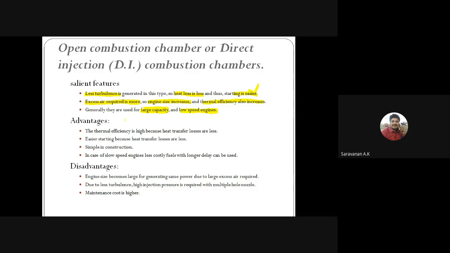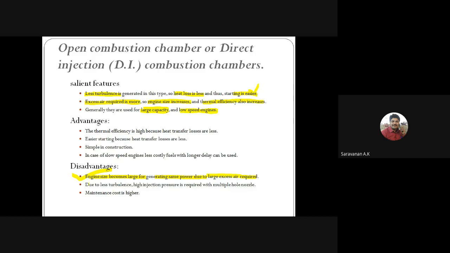And for the disadvantages, whatever the efficiency may be, it will get very high, but at the same time the size is very large. That is very difficult, handling the size, and the space utilization is very high. The engine size becomes very large. Excess air is required to generate the same power.